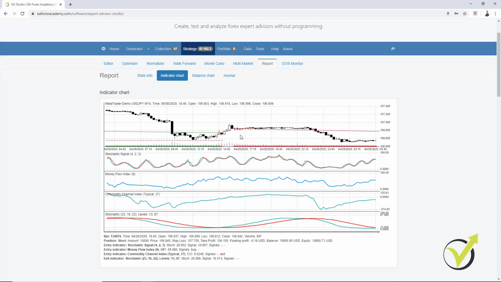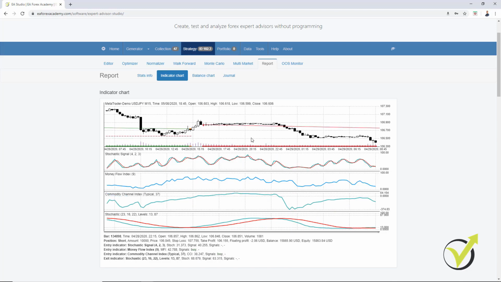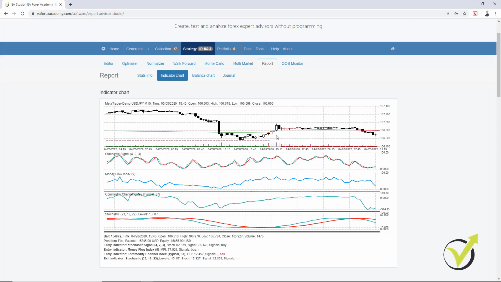And as we said, this stochastic trading strategy follows the rules that we need to see the stochastic crossing the signal line upwards for a buy, which will be the opposite for a sell. So it will be stochastic crossing the signal line downwards, and this is exactly what happened at this moment.